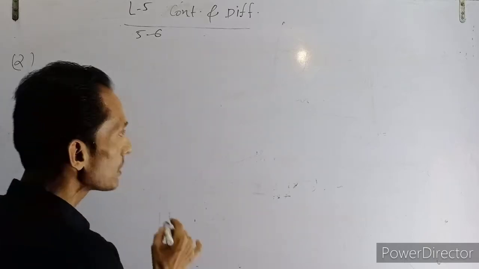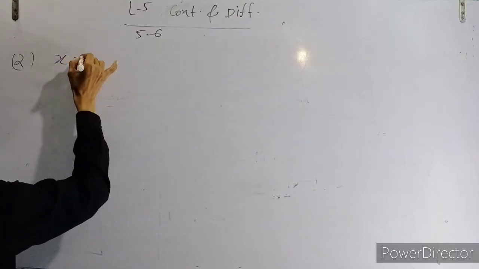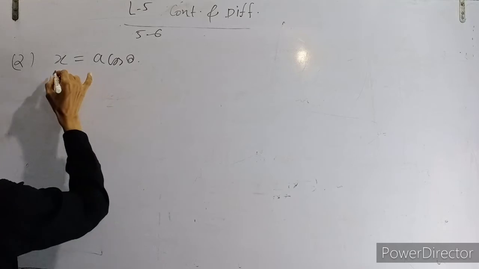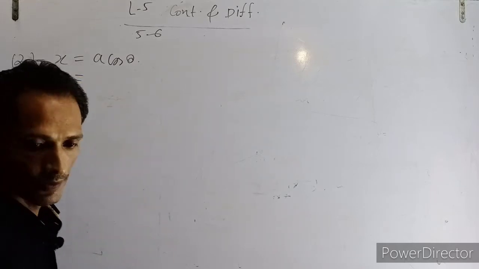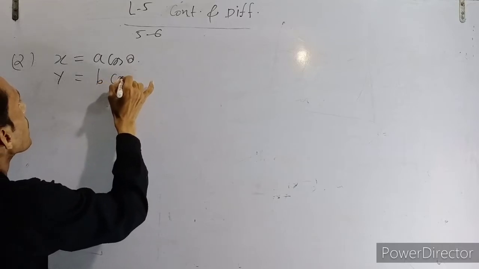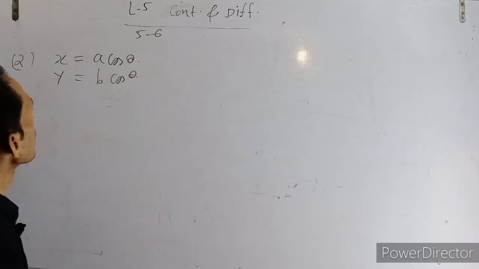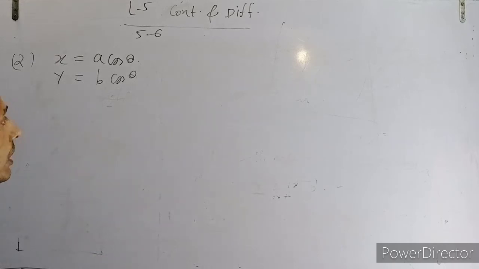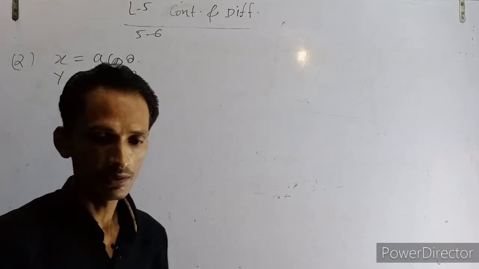You are given x equal to a cos theta and y equal to b cos theta. Now you have to find dy by dx without eliminating the parameter. What is the question?